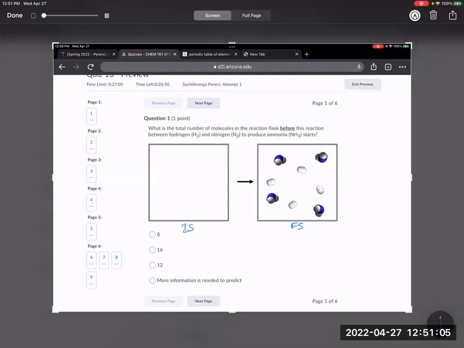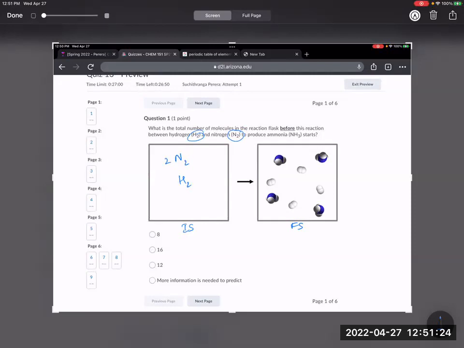Okay. So we have 1, 2, 3, 4 nitrogen atoms in the final state. Therefore, when it comes to nitrogen and hydrogen, which are the starting materials, we should have 2 N2 molecules in our initial state.